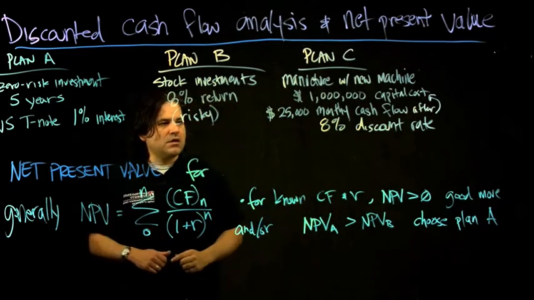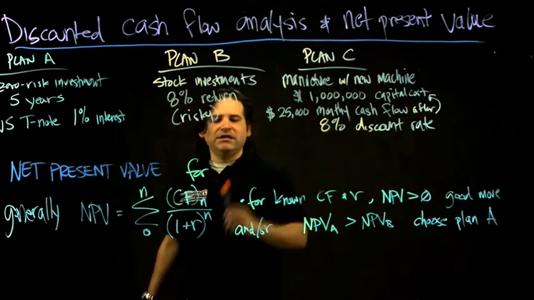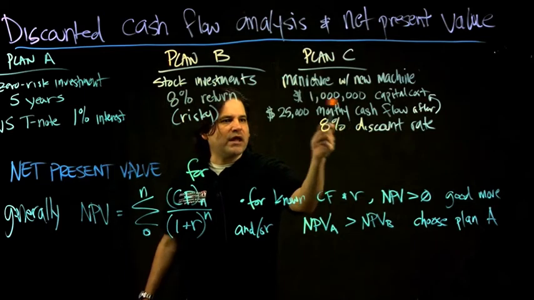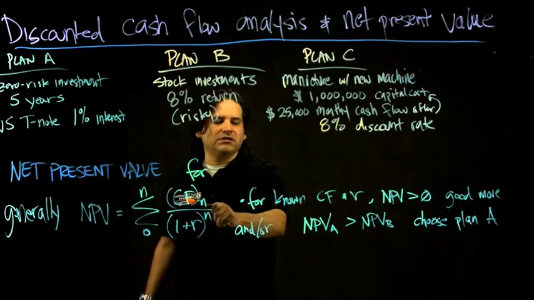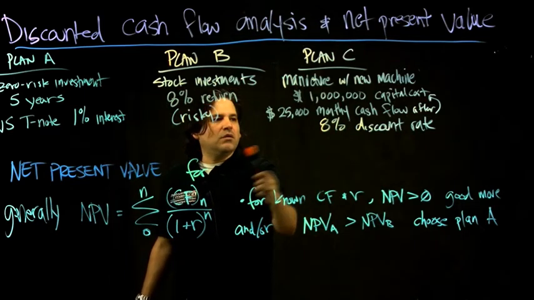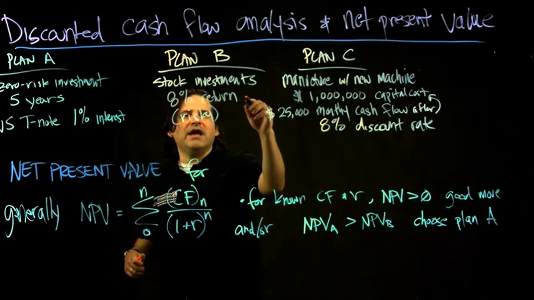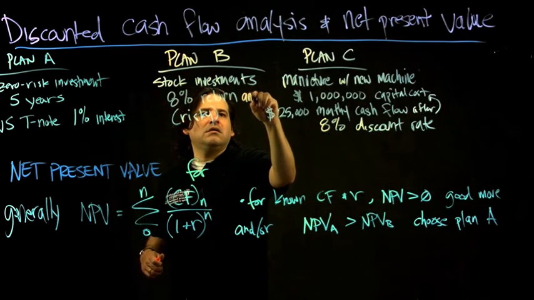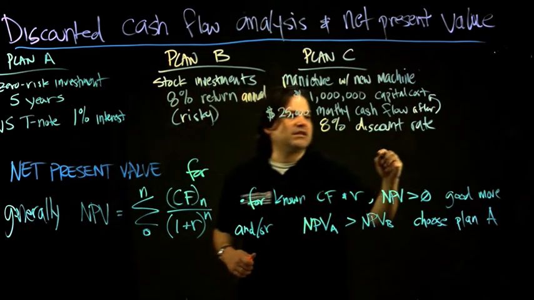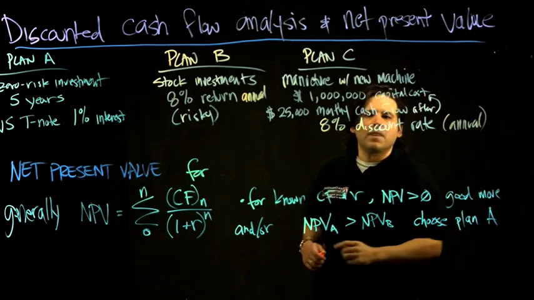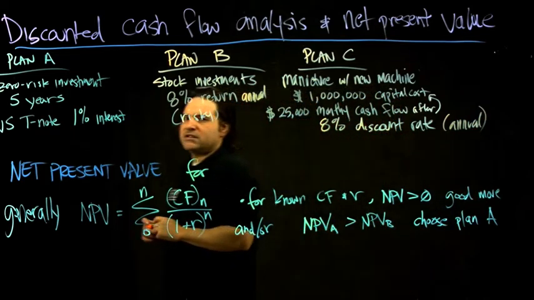Okay, so for this Plan C analysis, we have everything we need to put a number on it. We're saying that we're going to have a monthly cash flow of $25,000. We know that it's monthly. We know that the discount rate is annual. So let's do this analysis.